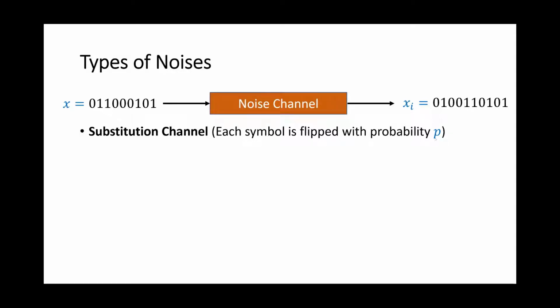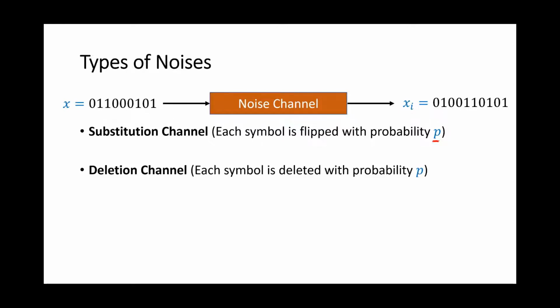This p is a noise parameter associated with the noise channel. The substitution channel, as I mentioned, is the simplest one and is very easy to handle for the trace reconstruction problem. Now, a more challenging one is the deletion channel, where each symbol is deleted with probability p.